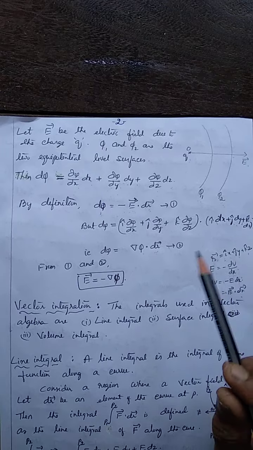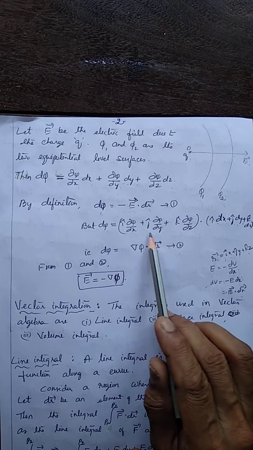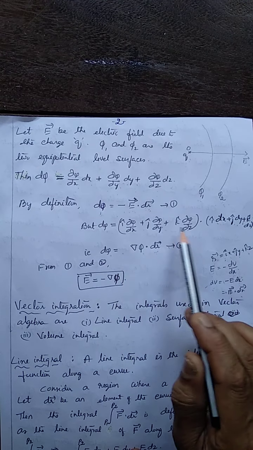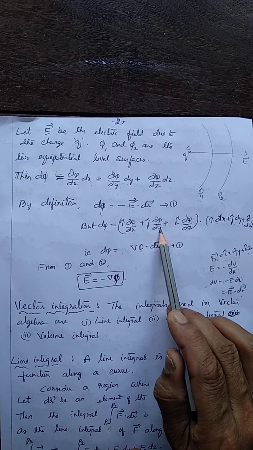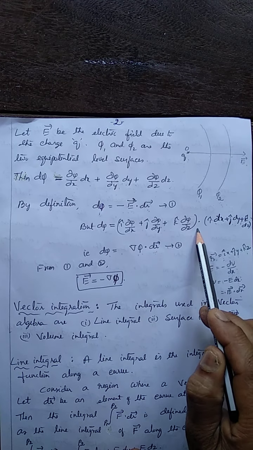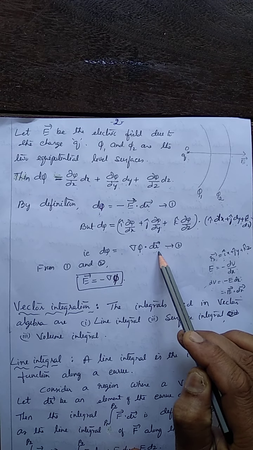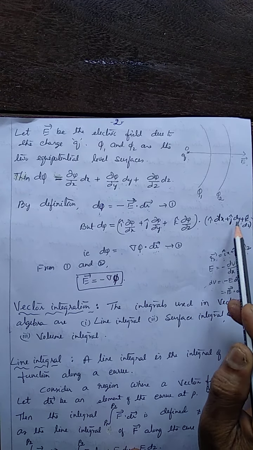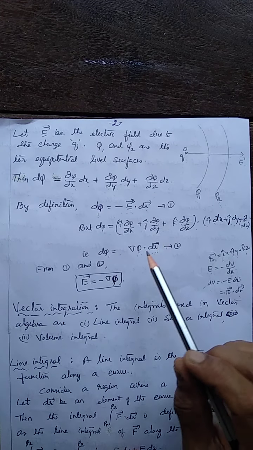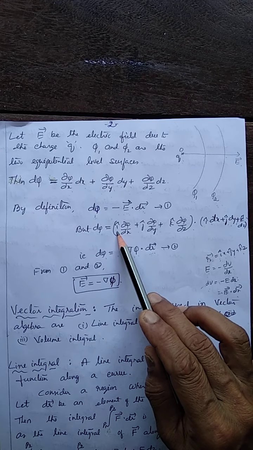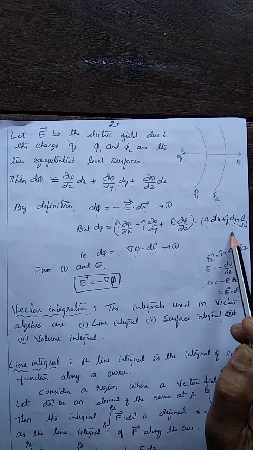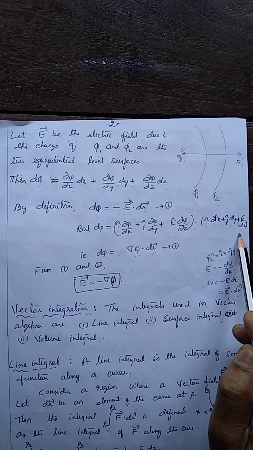So d phi equals, what is this term? Del phi, already defined, dot, what is this? The dr vector. So find the dot product here. How to find the dot product? Only i dot i, j dot j, k dot k remain.